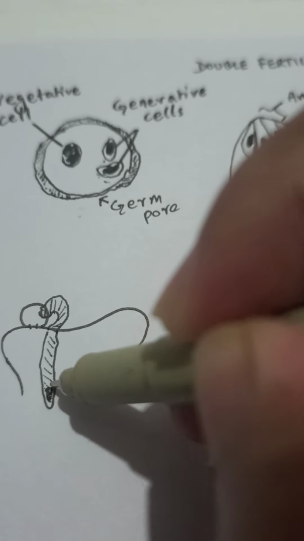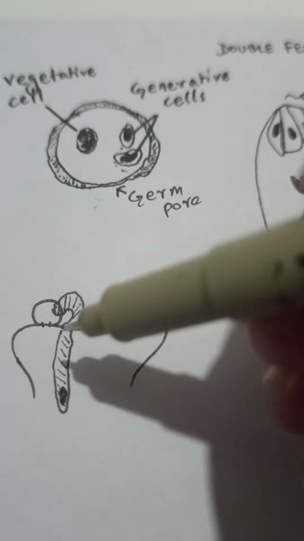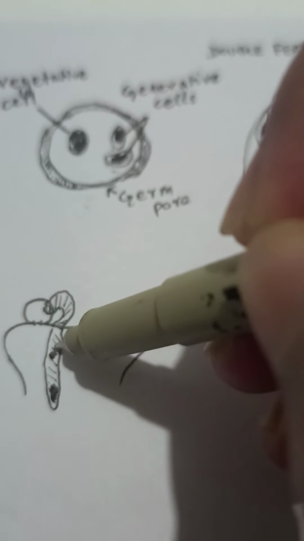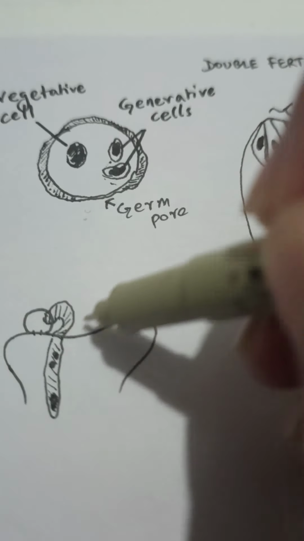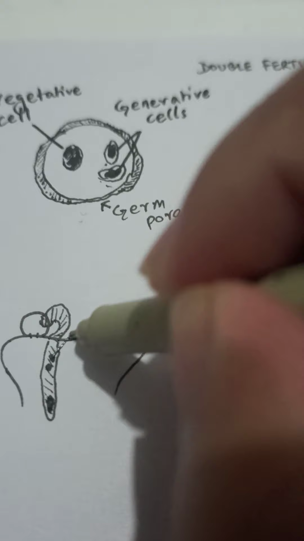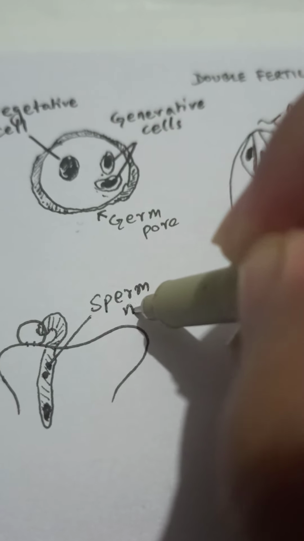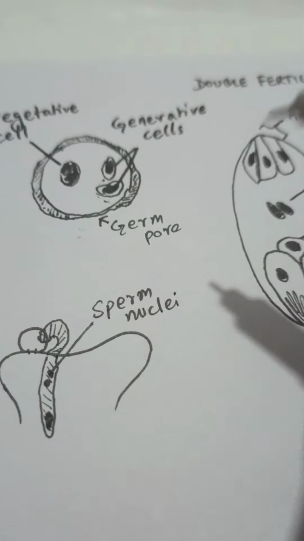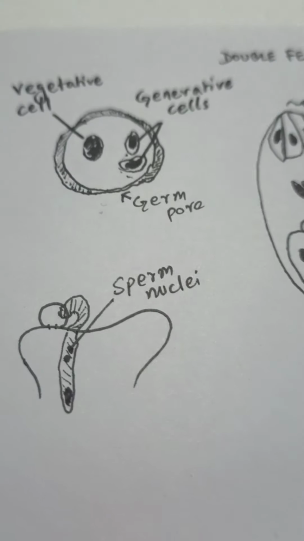The one responsible for all that movement will be the vegetative nucleus, this one. Right behind it, we are going to find the two generative cells, which will now be considered as the sperm nuclei. These sperm nuclei will be following this particular vegetative cell.